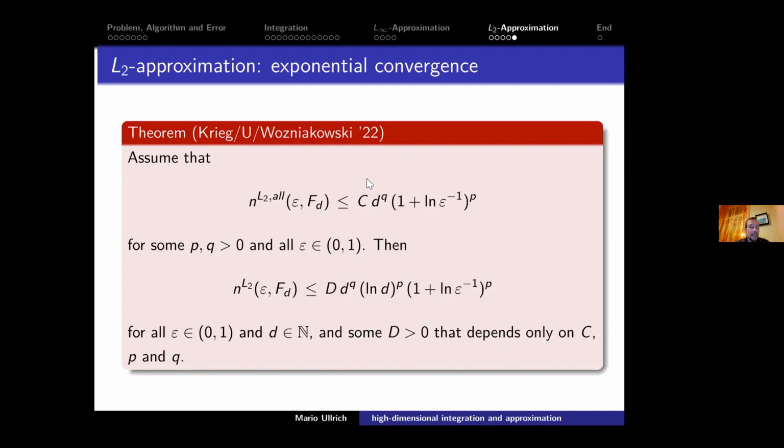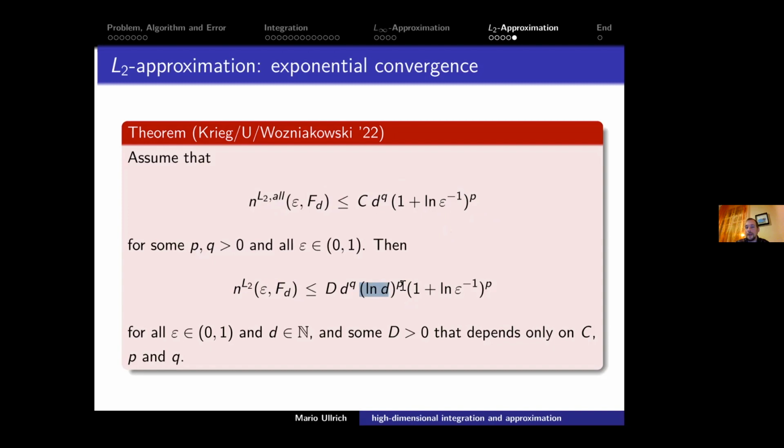There are many names for that. It's just that the number of function evaluations is polynomial in D and only some polynomial in log 1 over epsilon. So some very fast decay, some very good order of convergence. And we get the same for function evaluations, same order in epsilon. The only thing we lose is some log D.